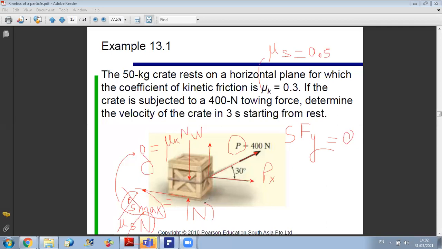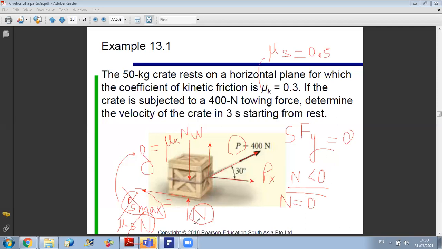If I get a positive normal force, this means that the weight is dominant over the vertical component Py, so I will need also a normal reaction. In case I get N negative, this means that my assumption is wrong and the box will move upward, because if N is negative, this means that I lost contact. So just when N becomes equal to 0, this means that I lost contact between the floor and the box.